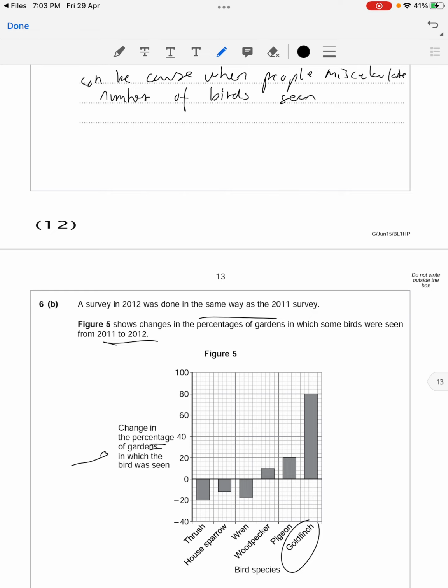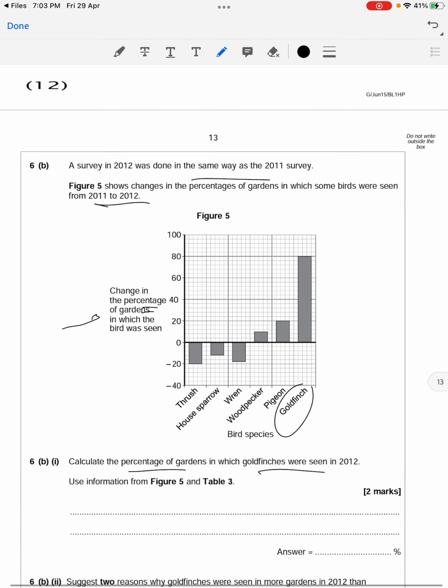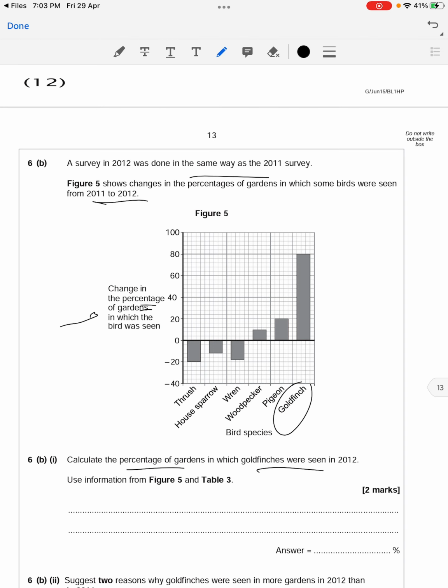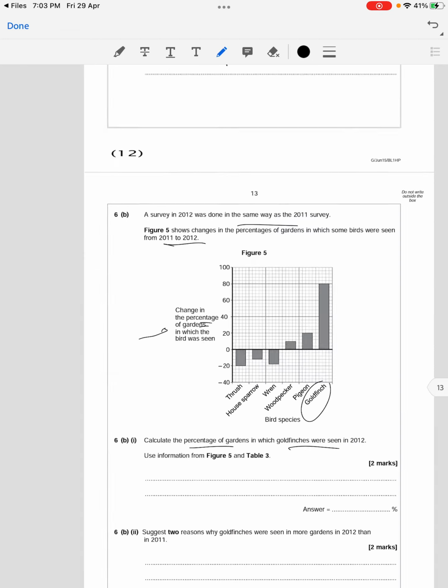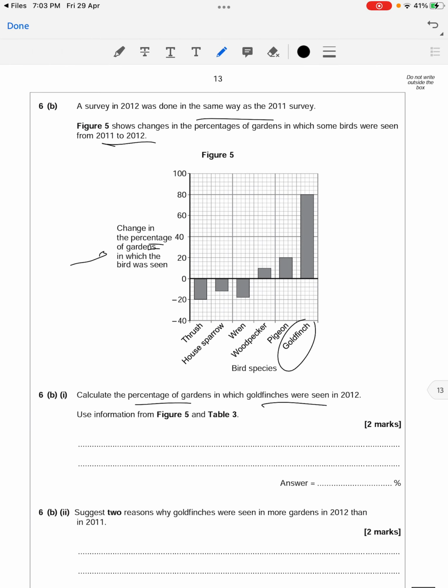So what we should be doing is analyzing the percentage change in gardens where the birds have been seen. How we're going to solve this question: calculate the percentage of gardens in which the goldfinches were seen.